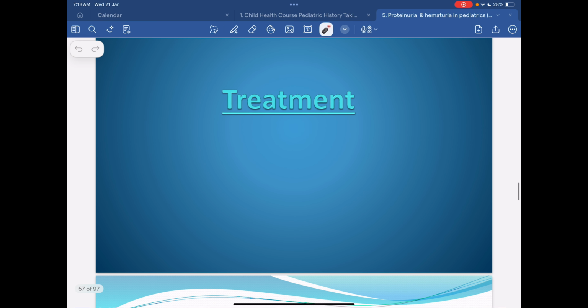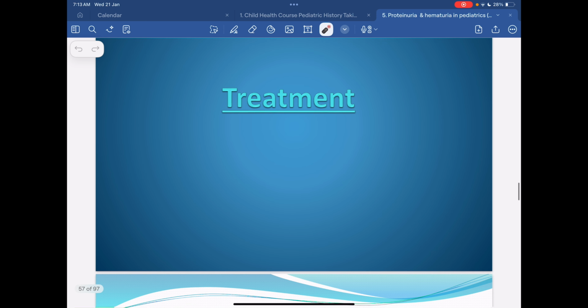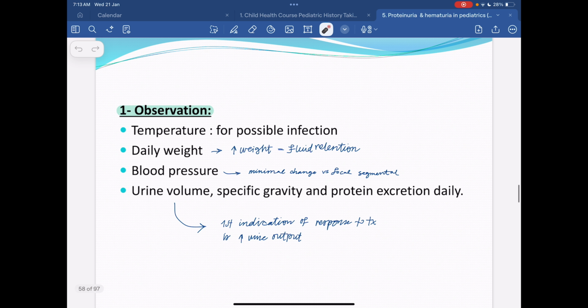The treatment: of course we don't jump straight to the pharmacological. We have lifestyle modifications and then the pharmacological. So first we're going to observe with follow-ups. We're going to look at their temperature for possible infection. We're going to measure their daily weight because any weight gain is equal to fluid retention in these cases.